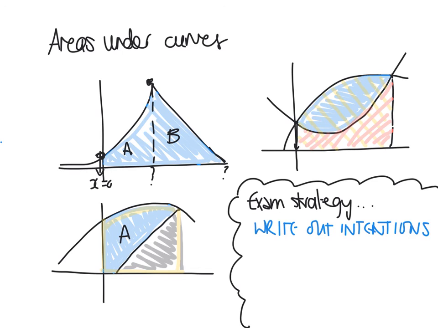So even if it's just little pictures like do area A plus area B, or do big lozenge shape minus other shape, just something that shows your examiner that you're going to try and find two separate areas. If you do some simultaneous equations, it can really help to just write simultaneous equations, and then do them. Basically, you want to give your examiner as much opportunity as possible to follow what you're doing. And that's it.